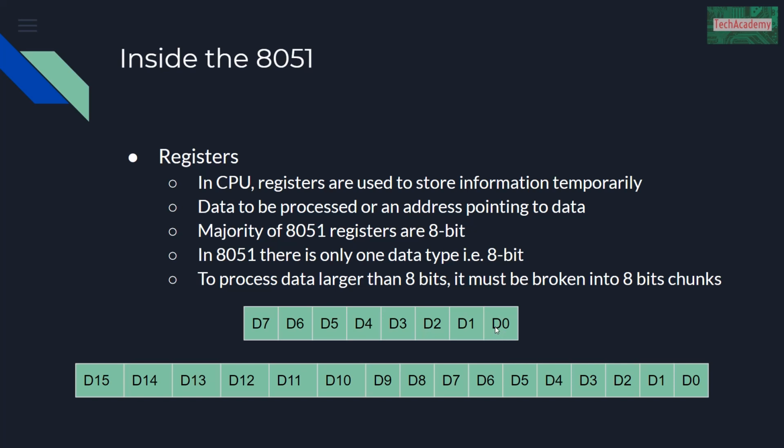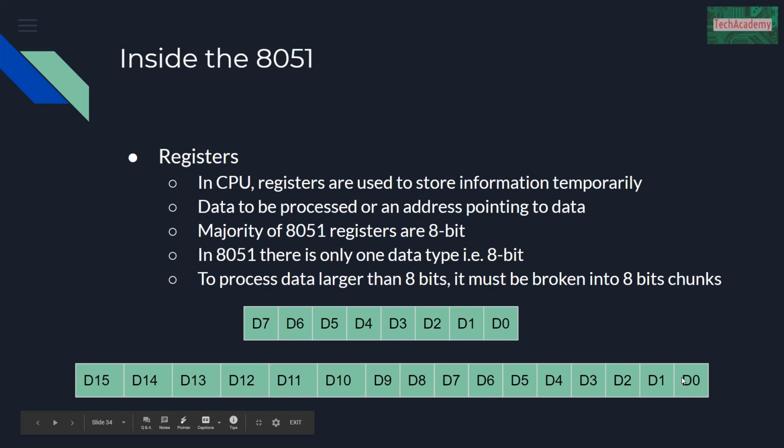So let's say we have to store data like 10101010, which is 55 in hex, right? That 55 hex can be stored as 10101010 in this 8-bit register. Similarly, this is a 16-bit register or 2-byte register where bits D0 to D15 are available.